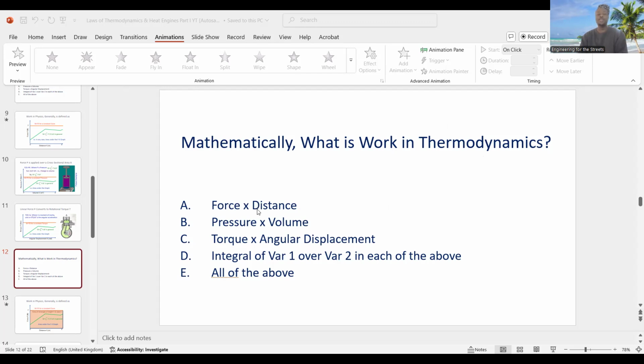Work can be described as force times distance for a constant force. At constant pressure, work done is pressure times volume. And this is a more practical definition compared to this, because we say that work is done in thermodynamics by the controlled expansion of a gas, where gas could be an air-fuel mixture.